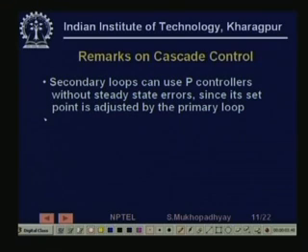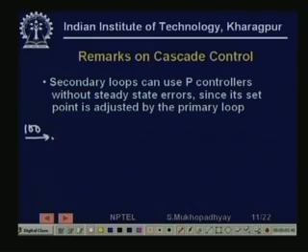But it so happens that, firstly, the secondary loop output is not a real output. So, even if there is a steady state error, we are not interested as such in controlling that output. Secondly, we have already seen that if there is a steady state error, one way of going around it is by increasing the set point.